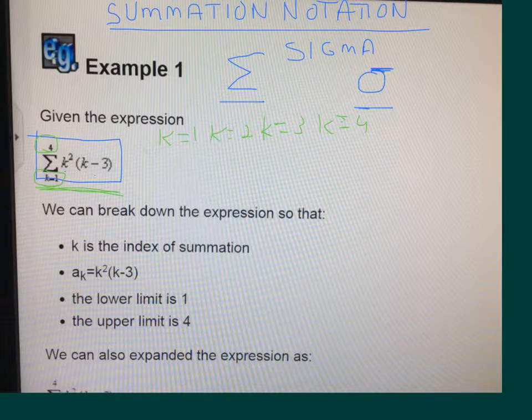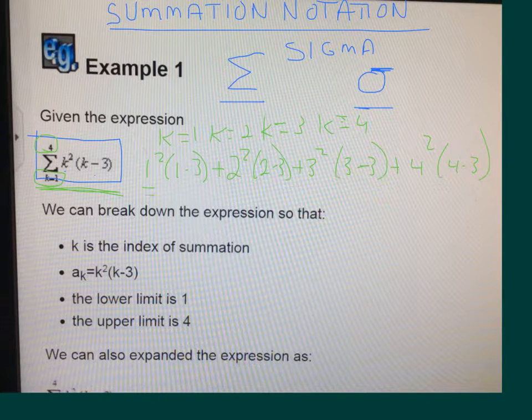So if you're asked to evaluate or expand the expression, then we would write 1 squared times 1 minus 3 plus 2 squared times 2 minus 3 plus 3 squared times 3 minus 3, that one's going to equal 0, plus 4 squared times 4 minus 3.